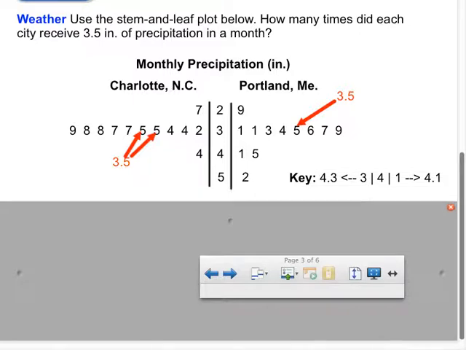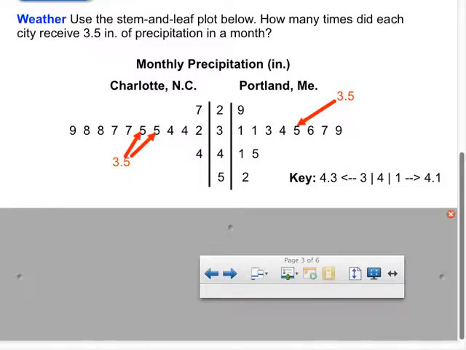Okay, it wants to know how often did it happen that they received 3 and 5/10 inch of precipitation. If you notice the key, do you guys see the key over here? This goes with the question that was just asked. Is it always going to be a whole number? No, you can have decimal numbers.